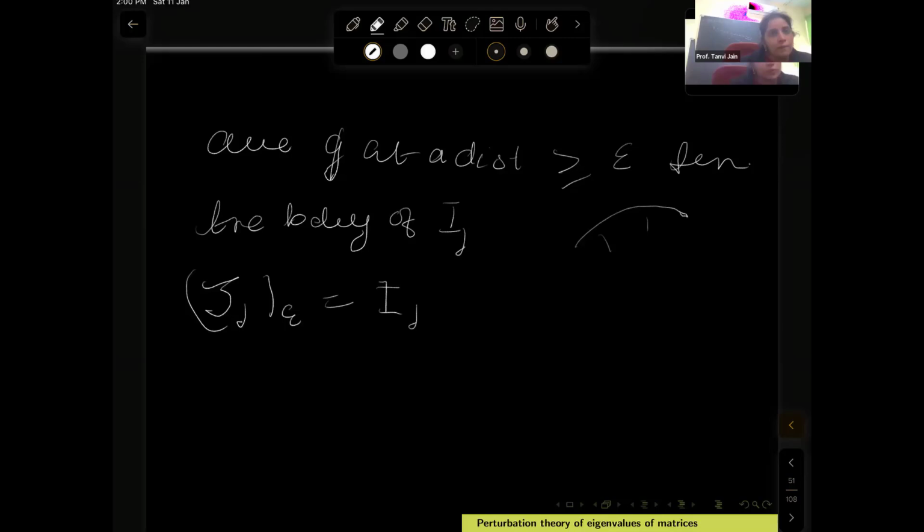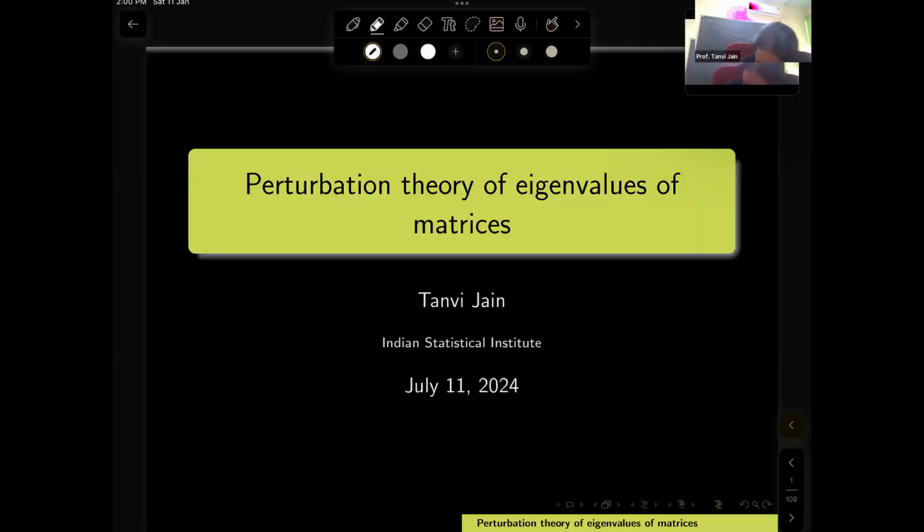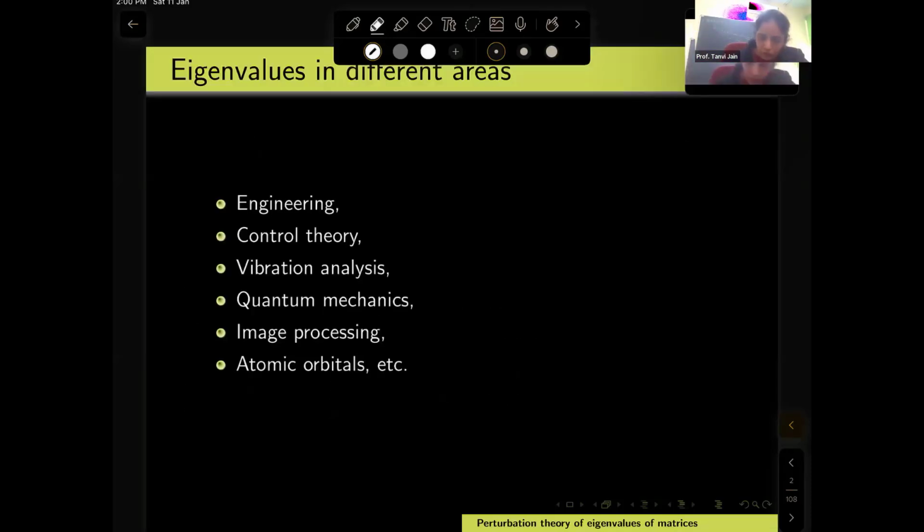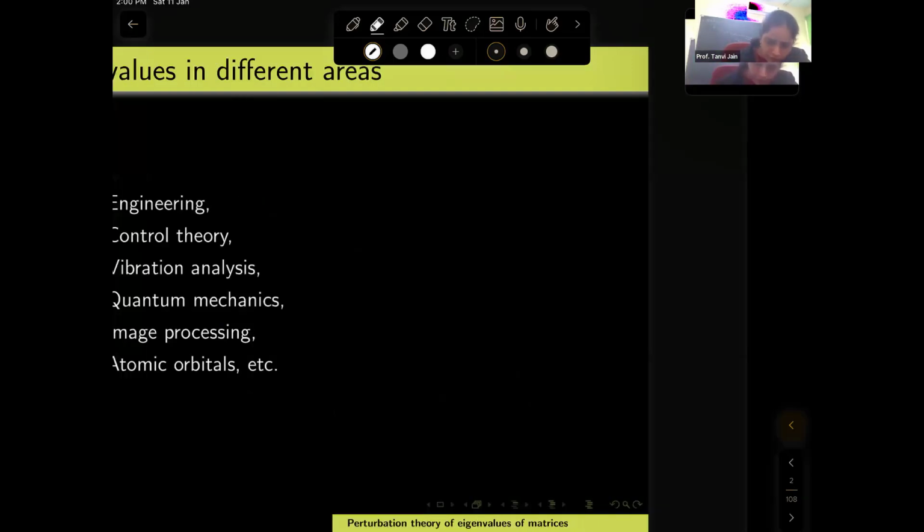Also, the cardinality of mu lambda, as I'm taking mu lambda as the multiset, is equal to MB of, so let me just write here.